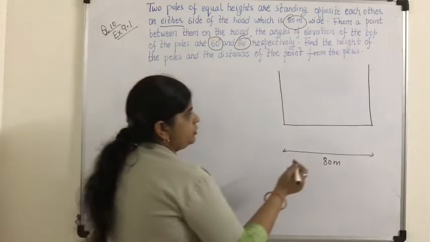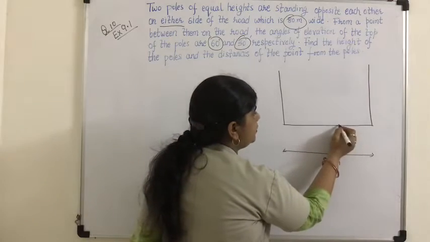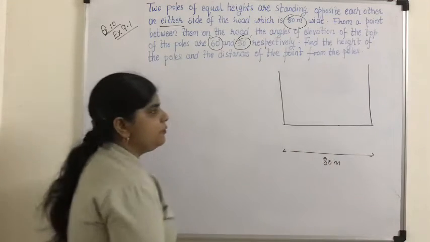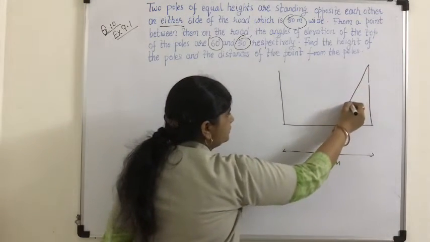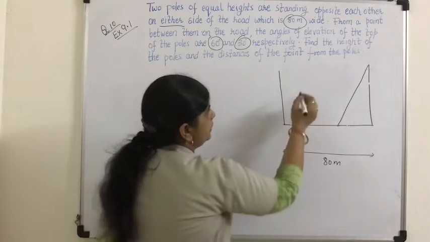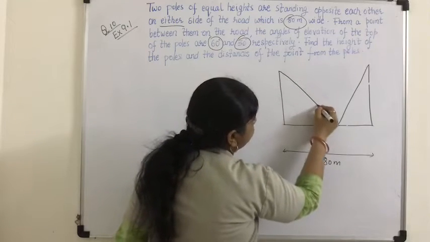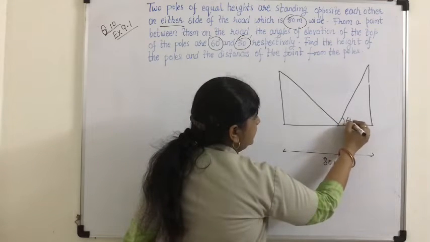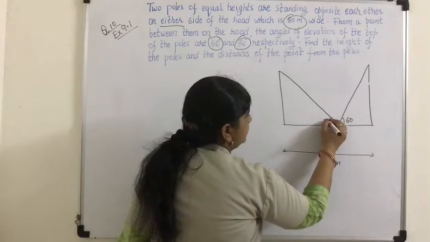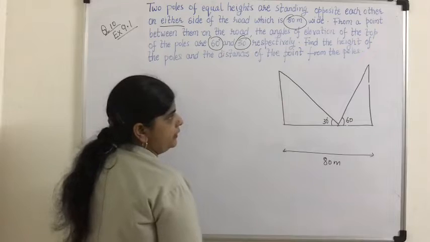So from where I should draw? So somewhere in between I am taking a point from where if I draw the angle of elevation, right? Let this point be this, and here if I just draw, right? So they are telling it is 60 degree and 30 degree, right?